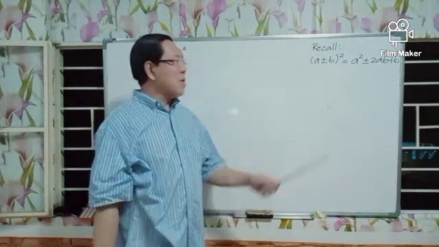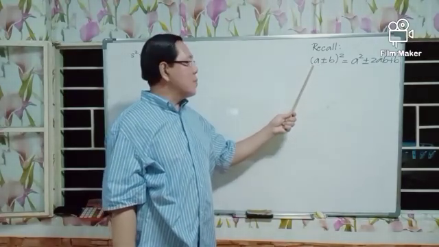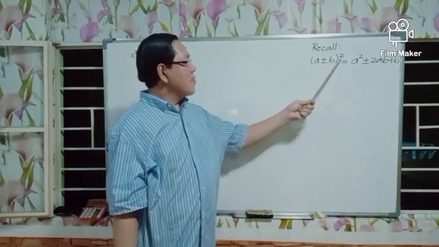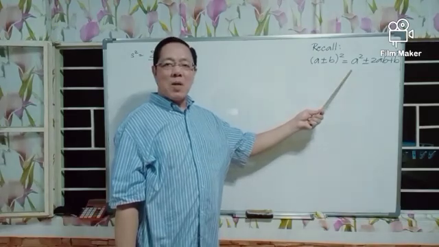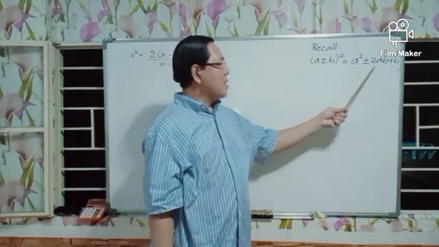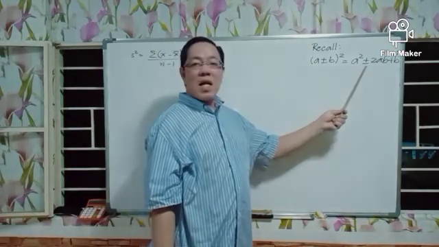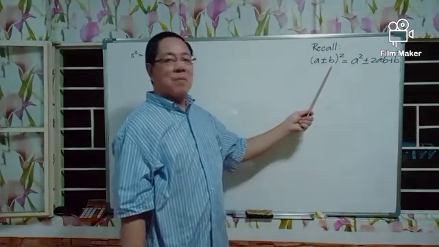From algebra, we have the square of a sum or difference of two quantities denoted by a and b. If we have the square of a plus b, the first term is a to the power 2. The second term is twice the product of the two terms a and b with a positive sign. And the last term is the square of the second term b.